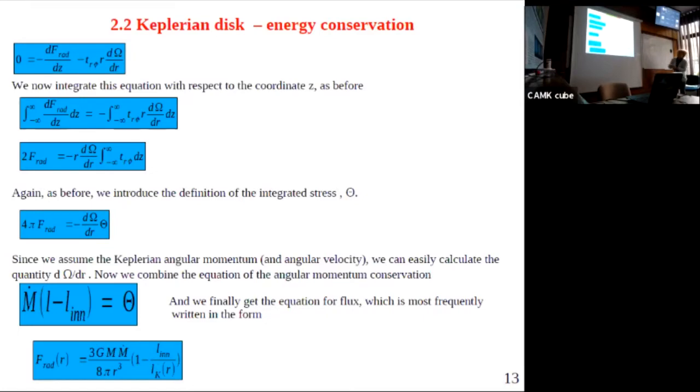So then finally you get rid of omega, and you have this expression, and that's it. So as before, if you use a combination of the angular momentum conservation and the energy conservation, you don't need viscosity. On the other hand, if you want an answer to the question, how thick is the accretion disk, then you have to answer this question. So this works only for the flux. And it's important to really see that.